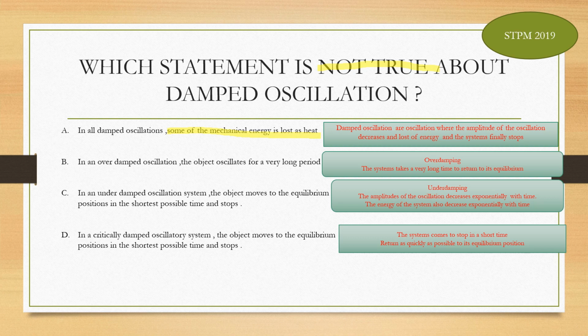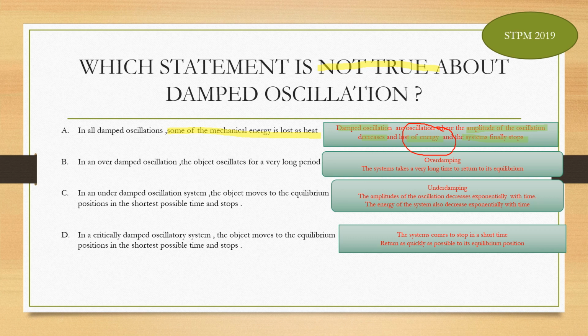If you refer back to our concept before this, you should know the meaning of damped oscillation, where the amplitude of the oscillation decreases, there is loss of energy, and the system finally stops. So there is a loss of energy in all damped oscillation. This is the general meaning of damped oscillation, so A is correct.